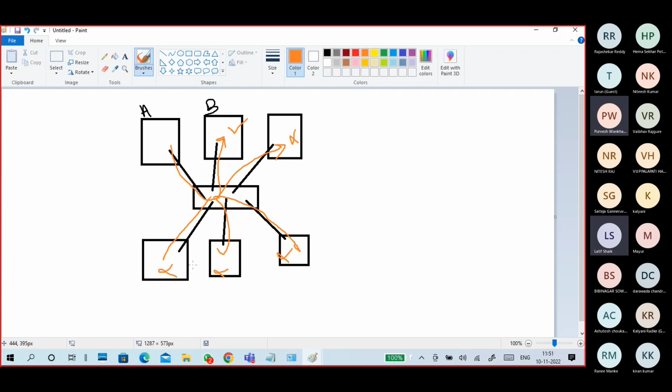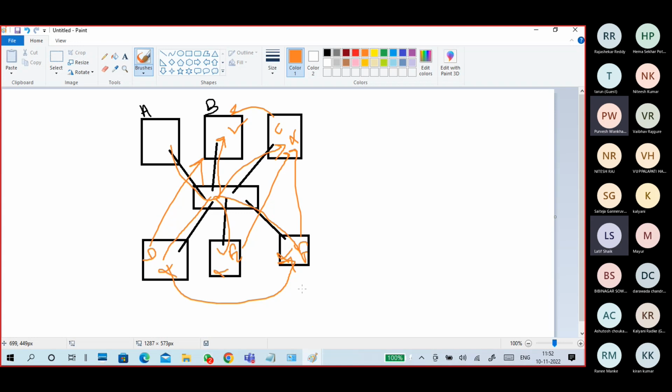Not only A to B communication, right? Similarly, B to C communication, D to B communication, or maybe C PC to D PC, or E PC to C PC, F PC to C PC, A PC communication, or D PC to F PC communication.